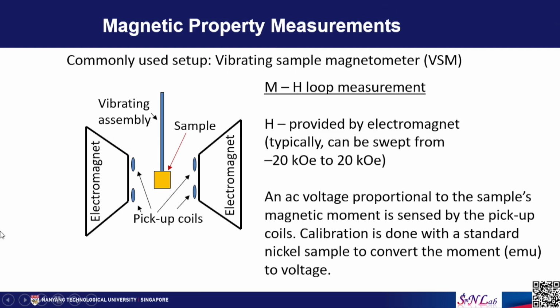So, we typically measure magnetization or magnetic moment as a function of applied field. Here the applied field H is provided by the electromagnet.